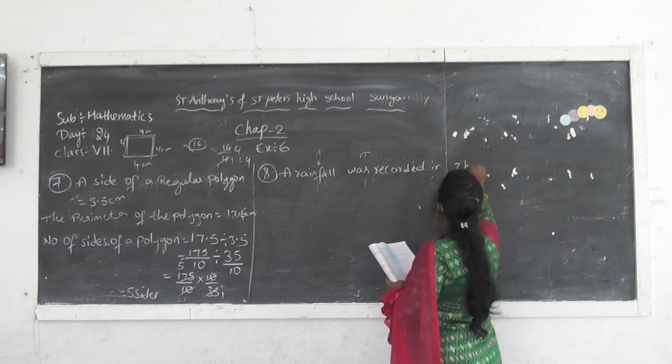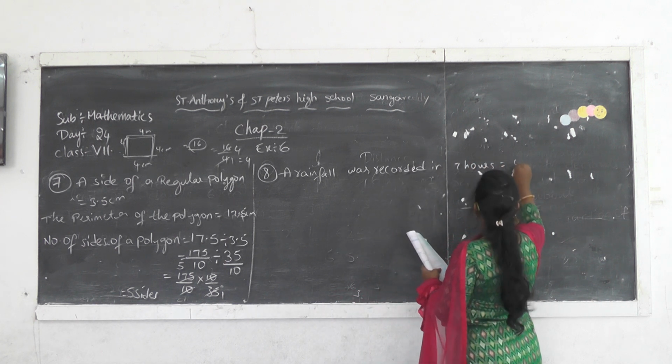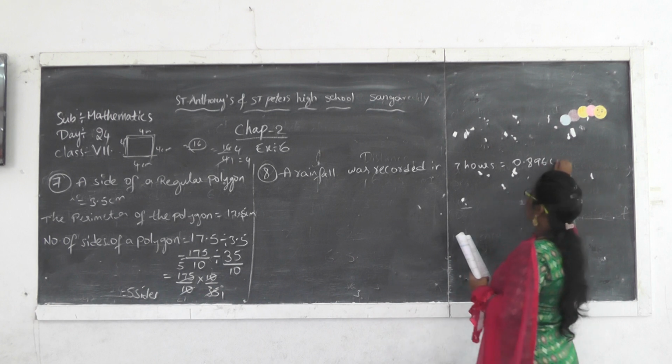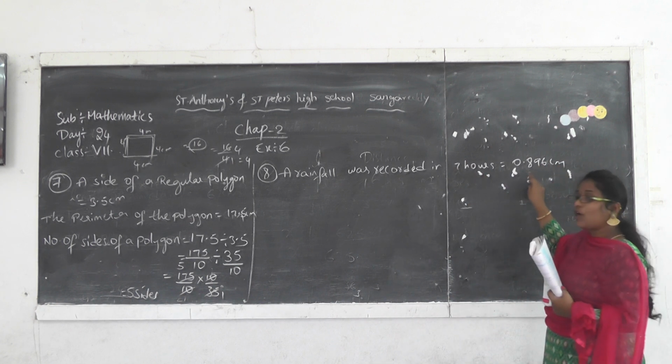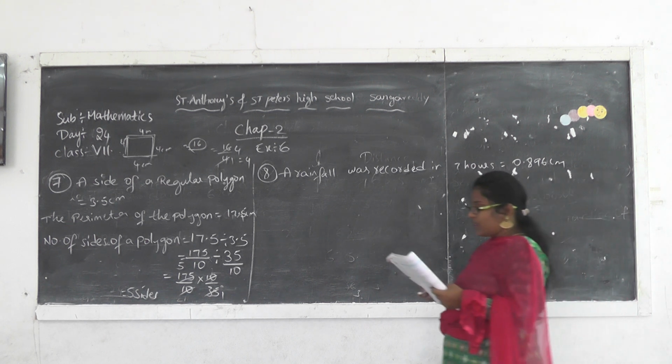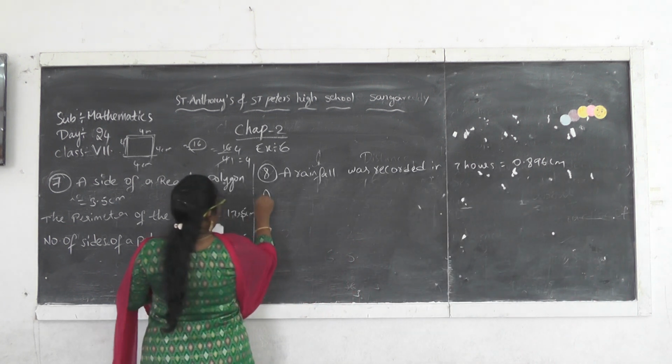Per 7 hours, how much rainfall was recorded? 0.896 centimeters. What is the average amount of rainfall per hour?